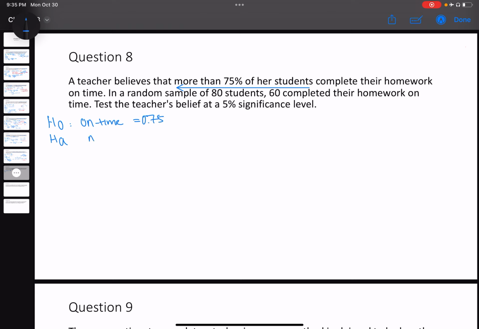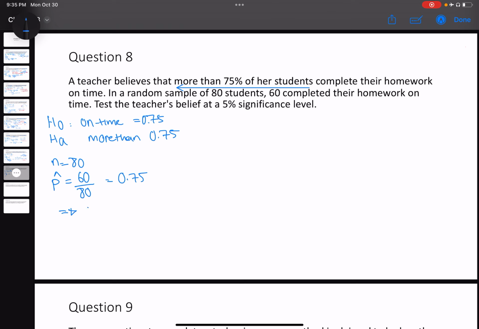Alternative says it's more than 75%. In a random sample of 80 students, n equals 80, 60 completed their homework on time. P hat equals 60 over 80, which is 0.75.